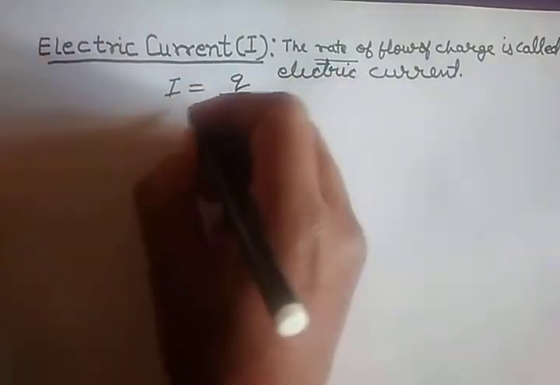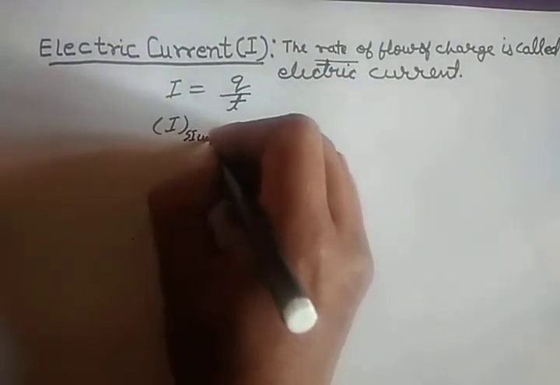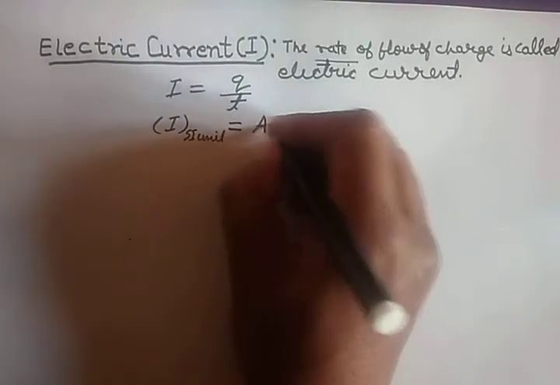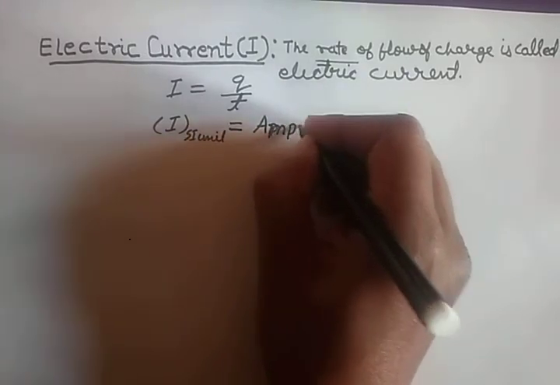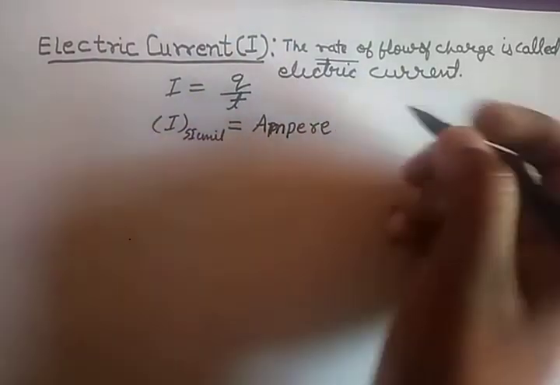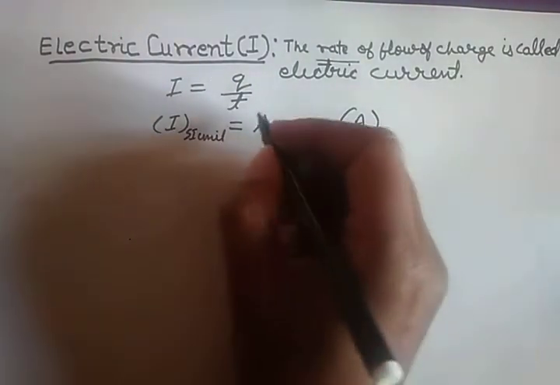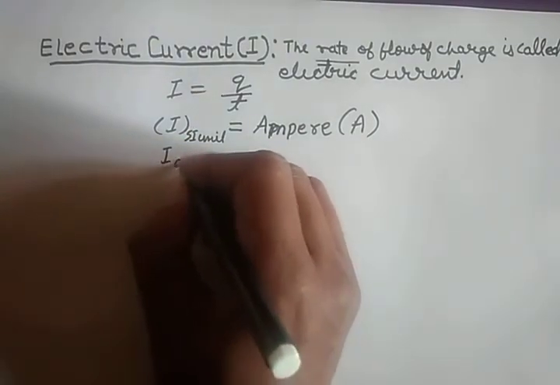Its SI unit is ampere, denoted by A. Remember one more thing, that current has a direction.